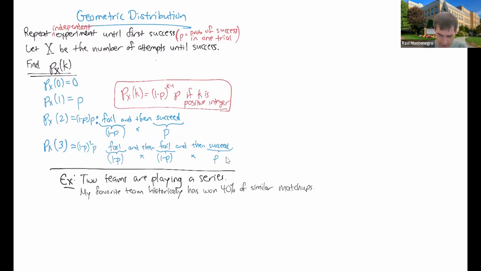What is the probability I'll say their first win is game 1.